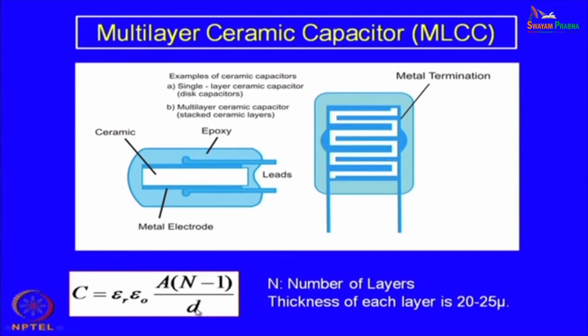So, lower is the thickness and higher is the N value, the capacitance value increases for the same dielectric constant, because the material constant is not changing here; it is only the design which is enhancing the capacitance value. Thickness of each layer is about 20 to 25 microns.